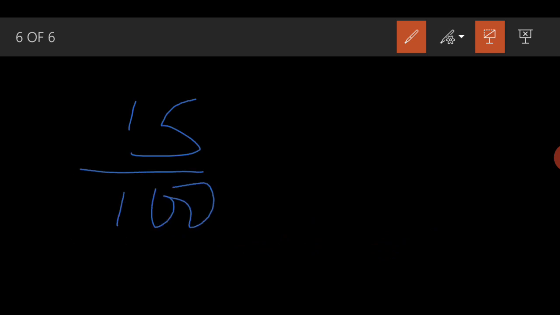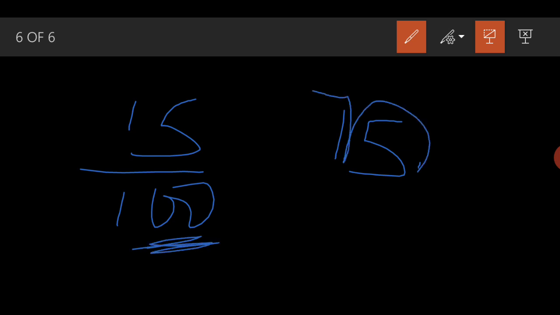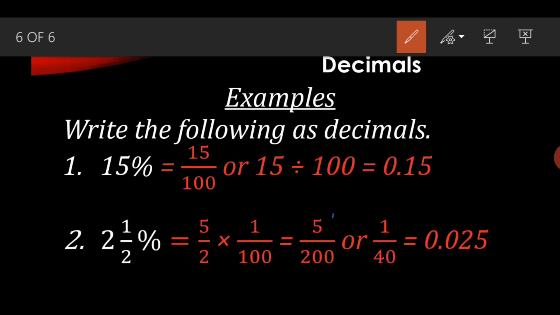Now that means 15, this is where our point is initially. So it is moving to our left twice because we have two zeros. 1, then 2. Now you can't say just 0.15, you say 0.15. This is our answer, 0.15.